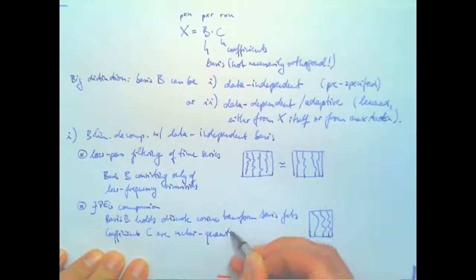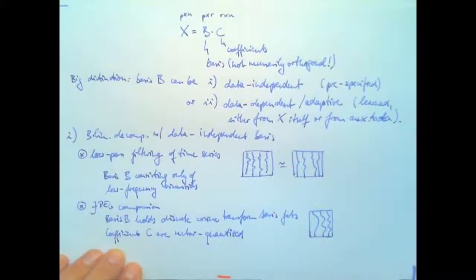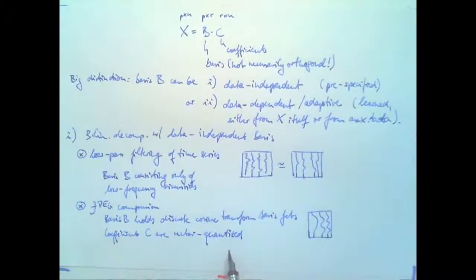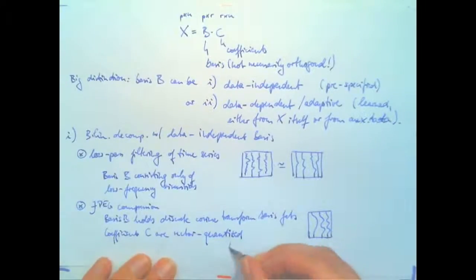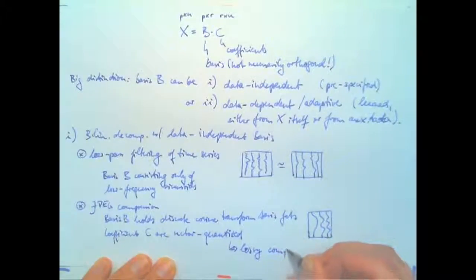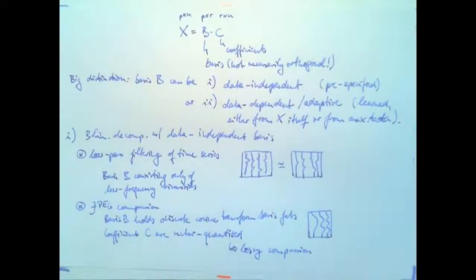I will say more about vector quantization in a moment, but for now it means that we don't take the optimum coefficients, but we approximate these coefficients. And overall this gives us a lossy compression algorithm. Lossy meaning you cannot recover the exact image, but it's much, much smaller if you store it in JPEG format.